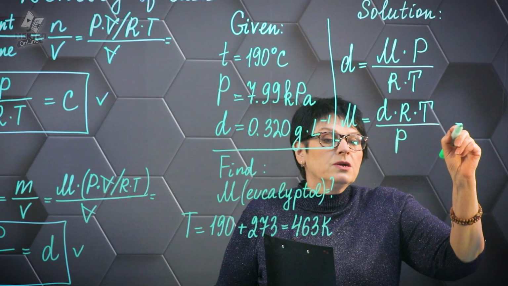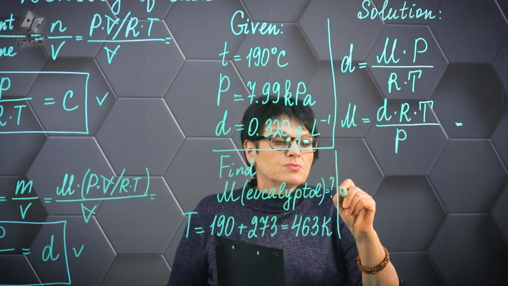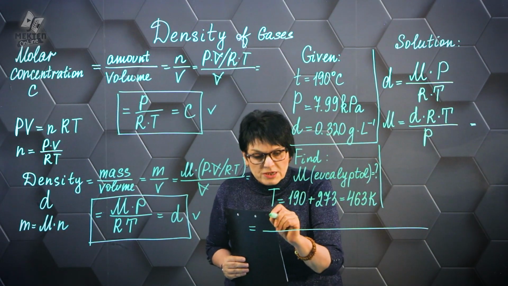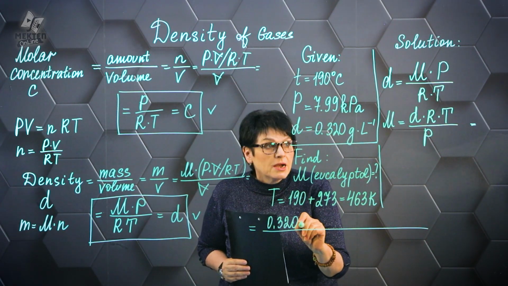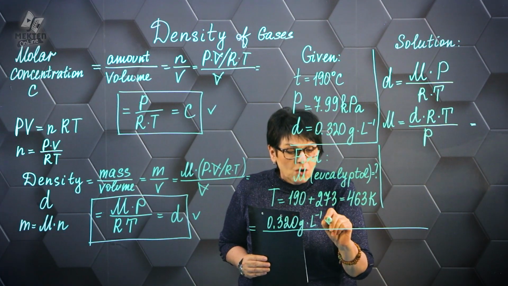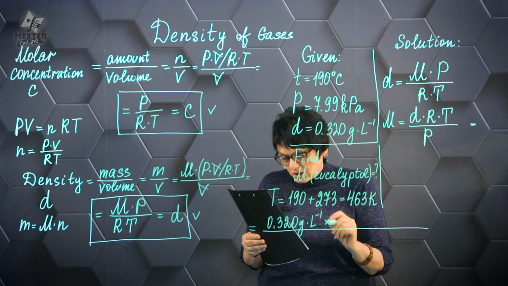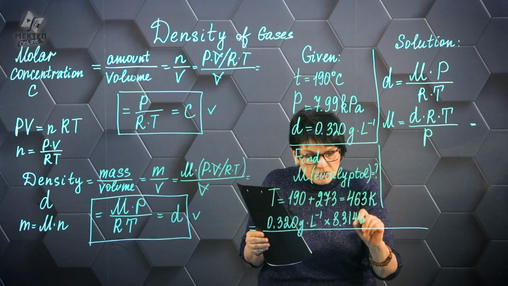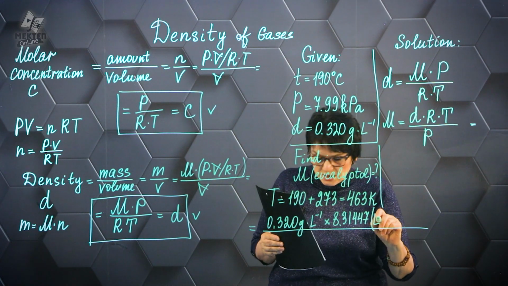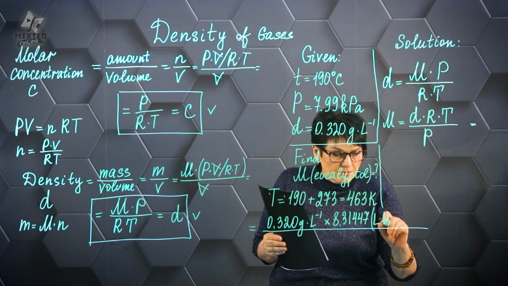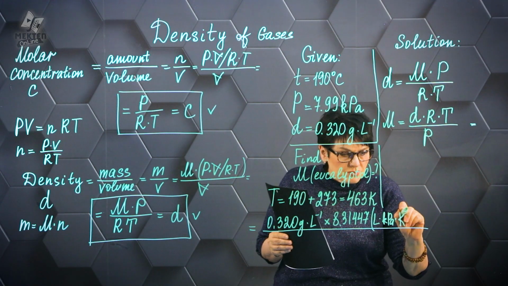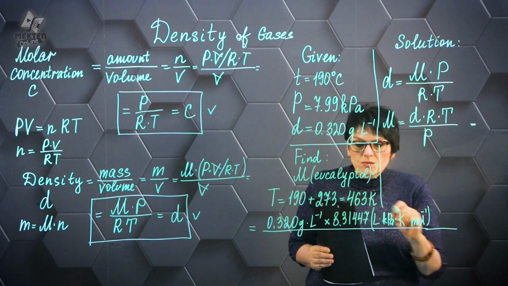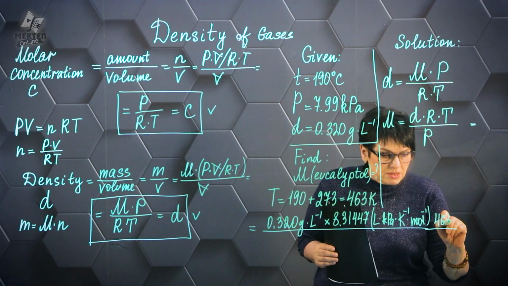Now for the substitution to find our molar mass. All the data is known. So we have d equal to 0.320 grams per liter, multiplied by the gas constant in terms of kilopascals, which is 8.314 liter times kilopascal per Kelvin per mole, multiplied by the temperature, which we converted to 463 Kelvin.